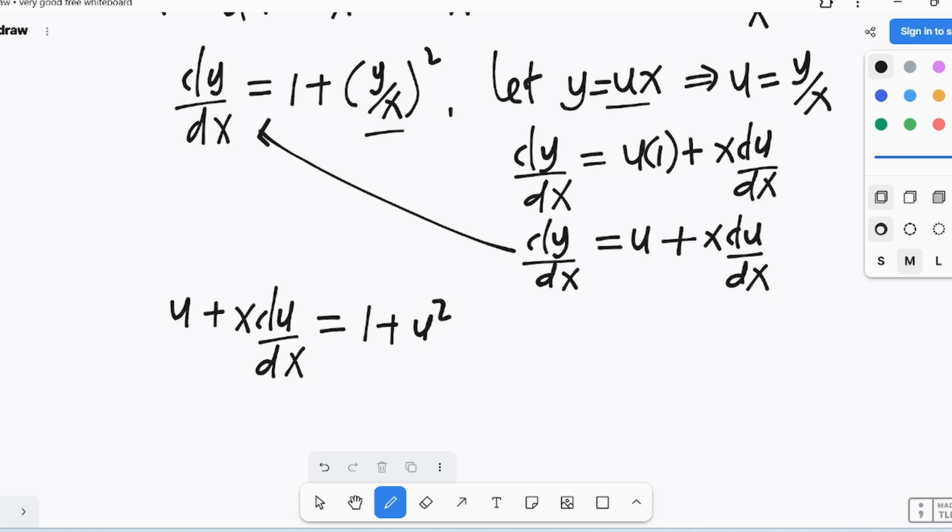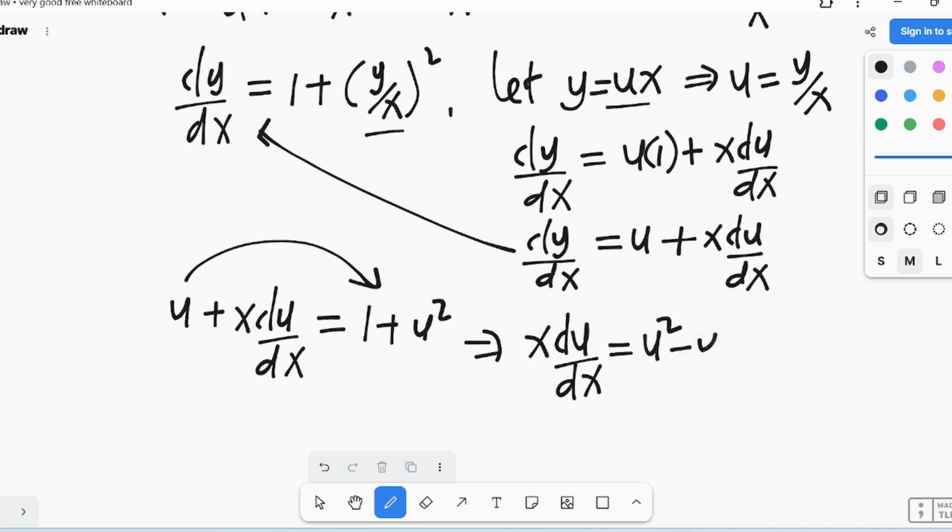We collect like terms together. On collecting like terms together, we take this u this side. Taking it there, we shall have x du dx is equal to u squared minus u plus 1.